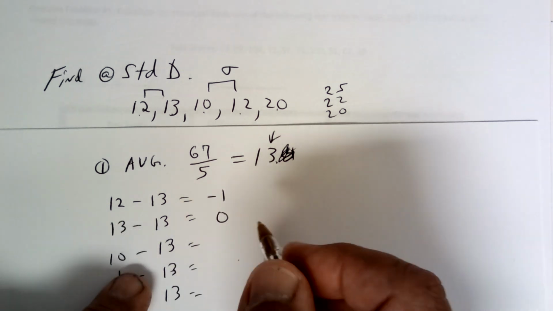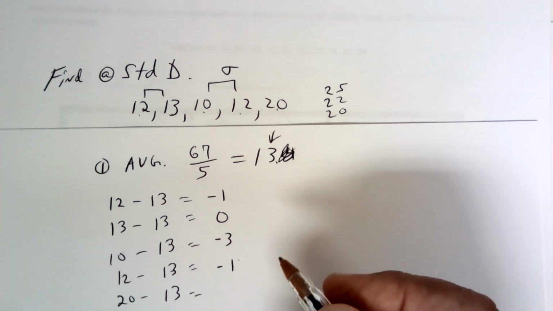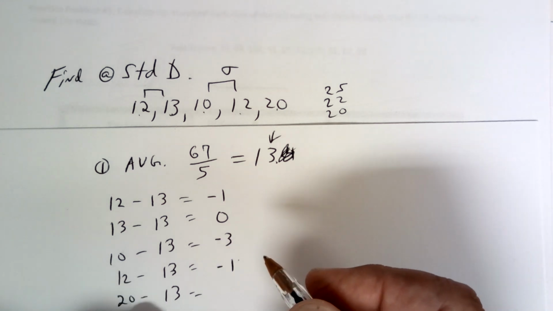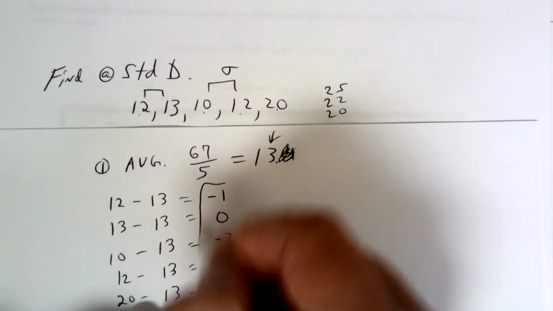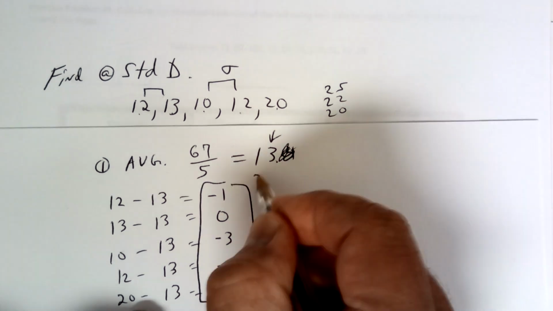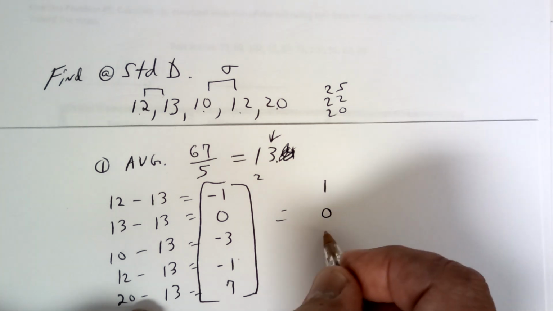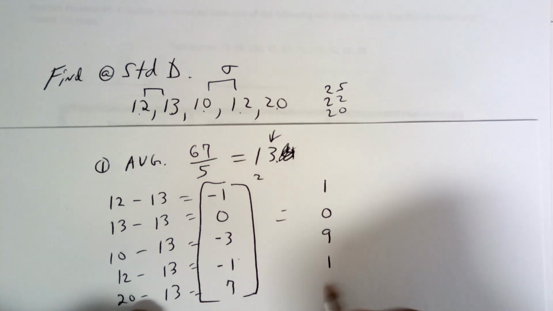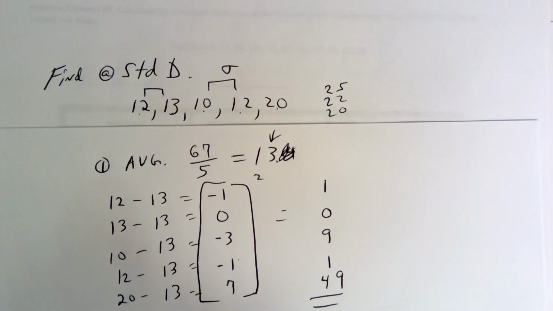This is a -3. This is a -1. This is a +7. Now you got to square all of these. So 1 times 1 is 1, 0 times 0, 3 times 3 is 9, and then 7 times 7 is 49.